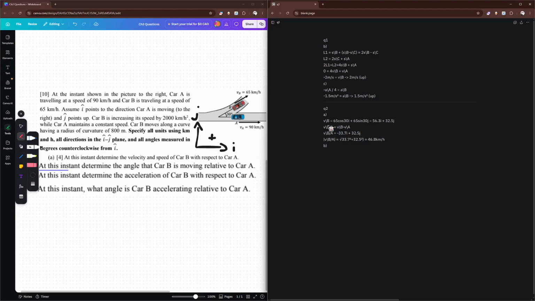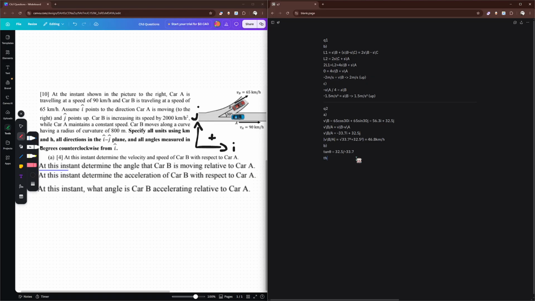So at this instant, determine the angle that car B is moving relative to car A. So it wants the angle of VBA. And we have an I component and a J component for VBA, which means we have an opposite and an adjacent. So that's just tan theta equals opposite over adjacent, 32.5 over negative 33.7.